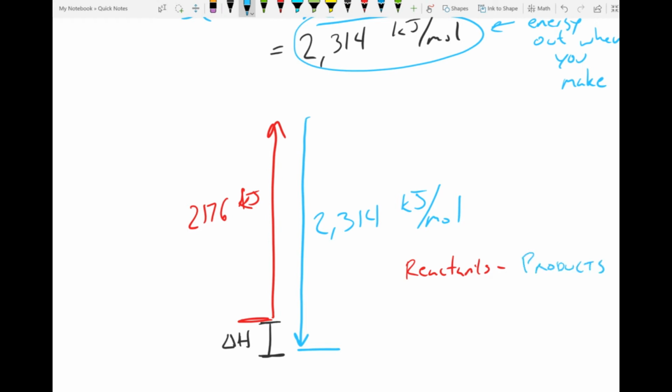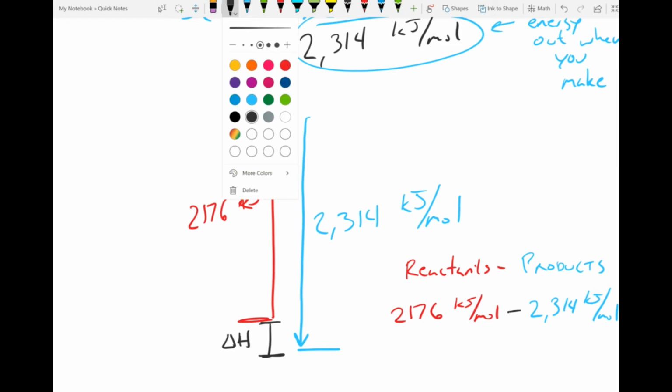This is a general formula that we use so that we can calculate the enthalpy of a reaction. In our case, that's going to be 2,176 kilojoules per mole, minus the energy of your products, which is 2,314 kilojoules per mole.